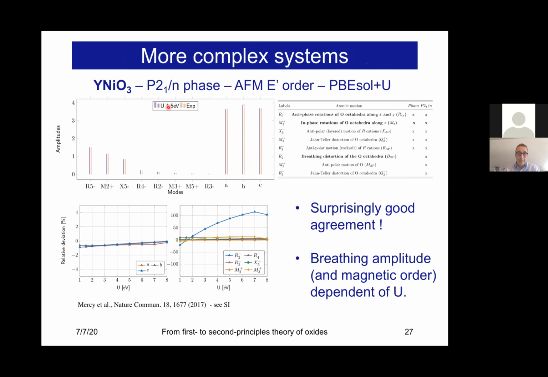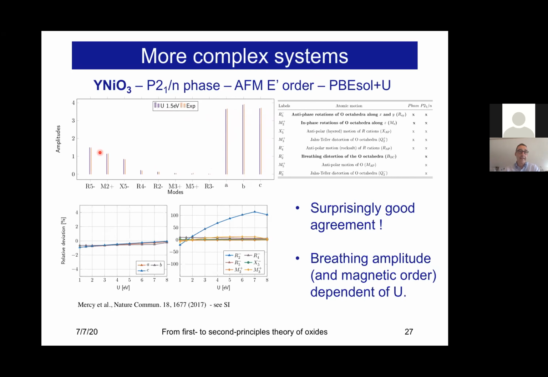You see here I'm comparing the lattice parameters and atomic distortion in yttrium nickelate in the ground state P21/n phase with the appropriate AFM E' order. When you compare the lattice parameters, you get incredible accuracy between the experiment and the simulation. And when you look at the amplitude of distortions here, you also get something very good.